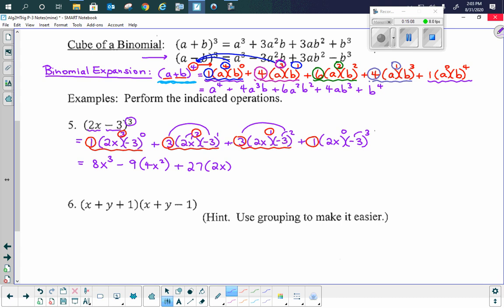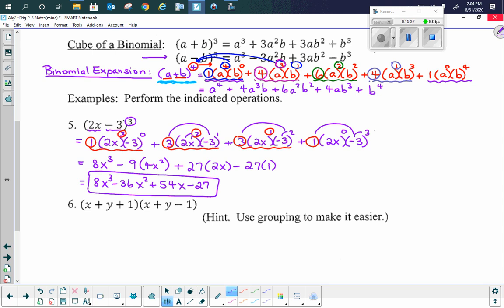I'm going to get negative 27 times that 1, so I'm going to go ahead and make this negative 27. And then 2x to the 0, anything to the 0 is 1. Okay, the last step then is really just clean it up completely. So I'll have 8x cubed minus 36x squared plus 54x minus 27.